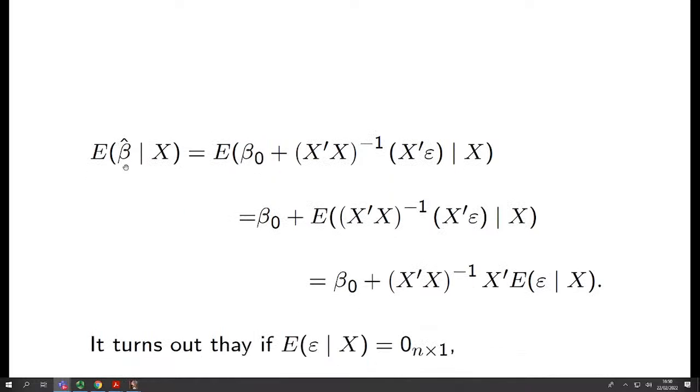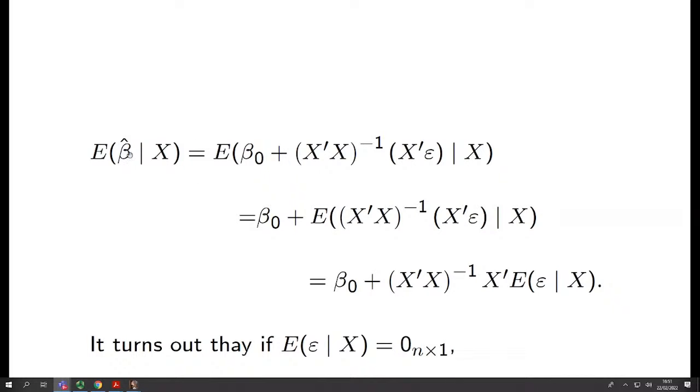This is a vector, remember, beta hat is a vector, our parameters, and we are conditioning with respect to the matrix X. You will say, well, but if you have a constant, there will be a non-random variable. The first column will be 1, 1, 1. You're right, but the other variables are stochastic variables, okay? And so we know the meaning of this writing.